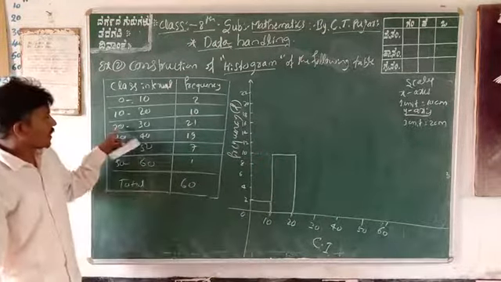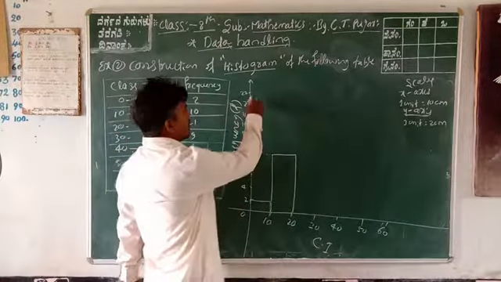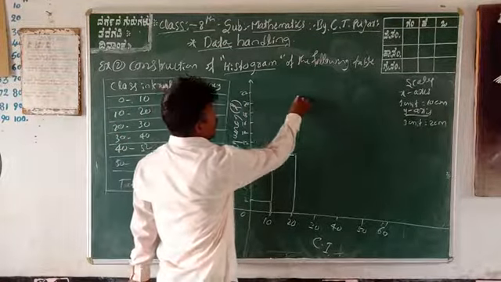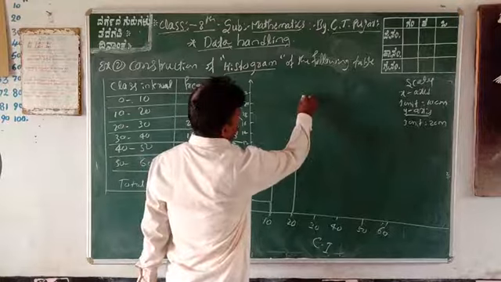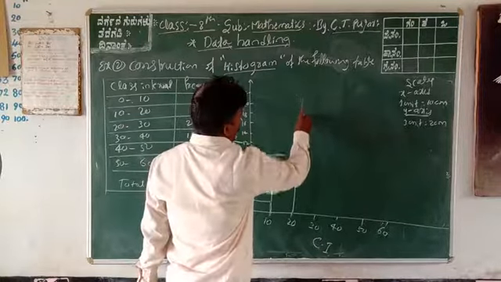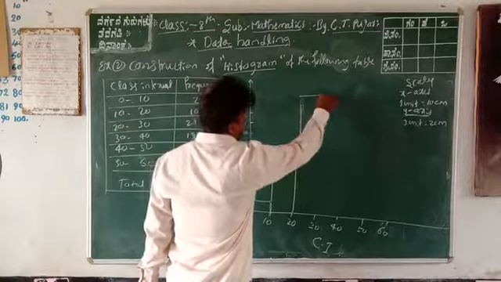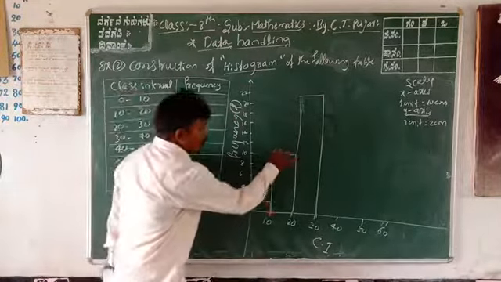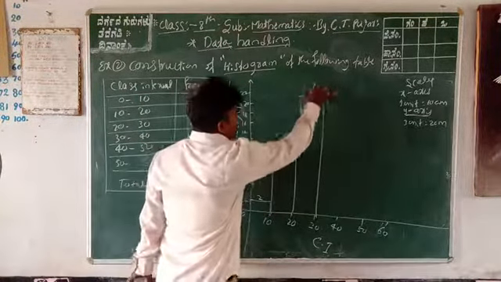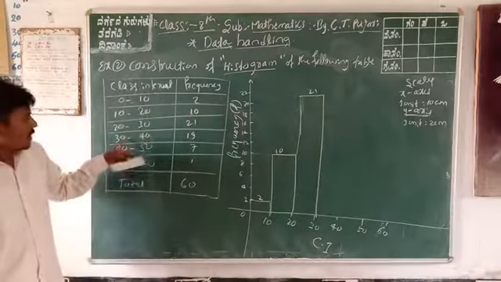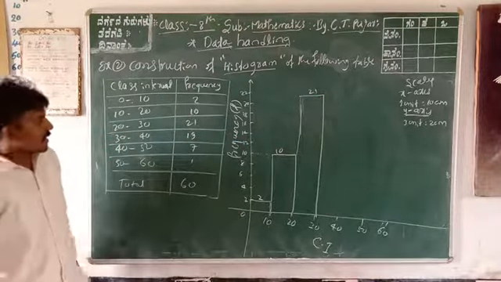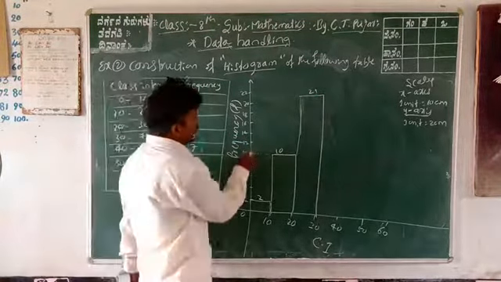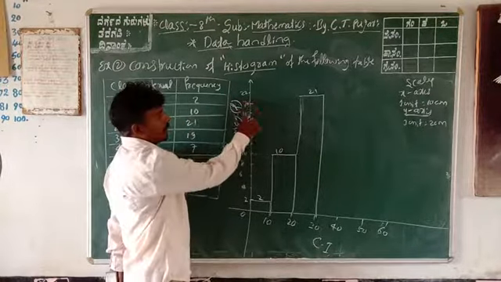Next one is what? 20 to 30. 21 is there, 21 in the middle. Next one is what? 30 to 40. How many frequencies? 19 is there, in between 18 and 20.